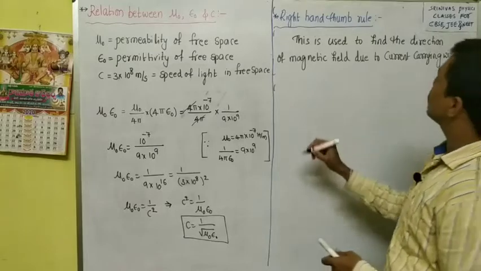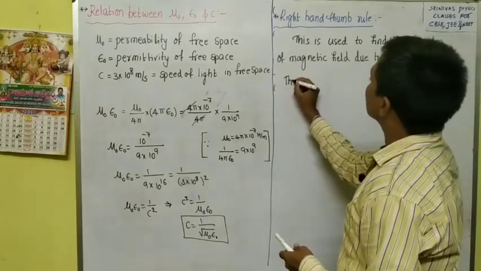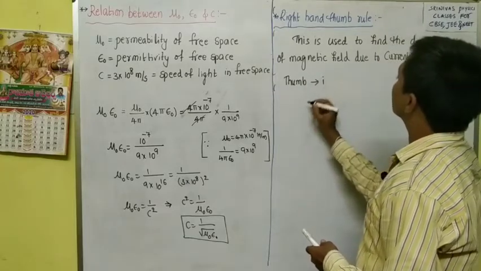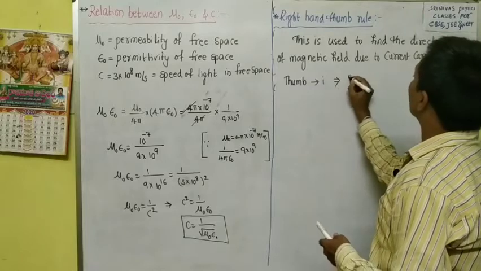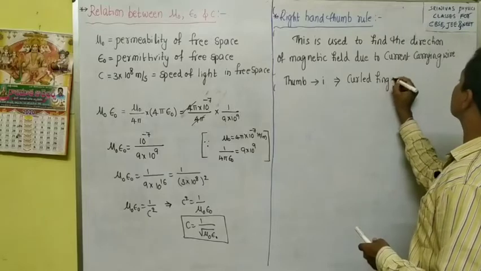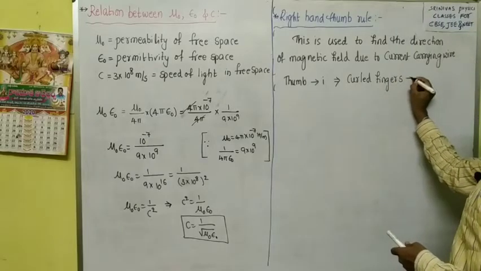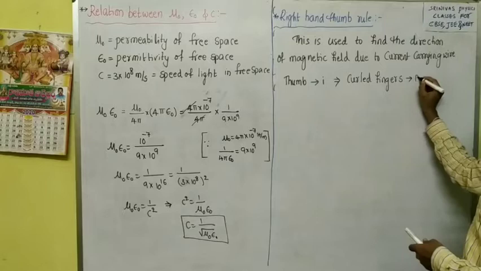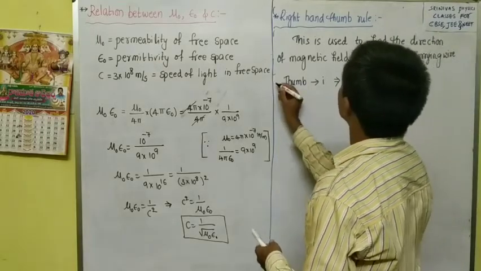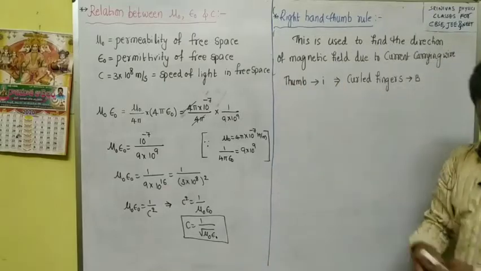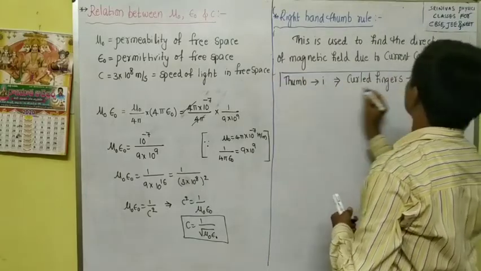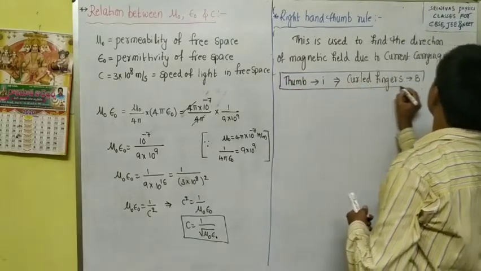Let us see. If the thumb shows the current, then the curled fingers show the direction of the magnetic field. This is the first point: if the thumb shows the current, then the curled fingers show the field.